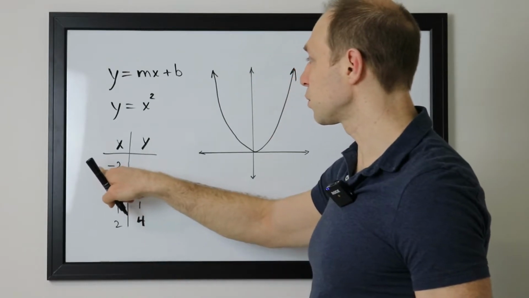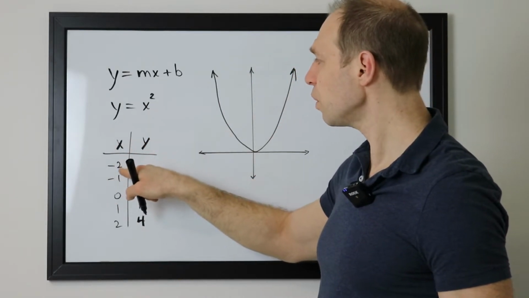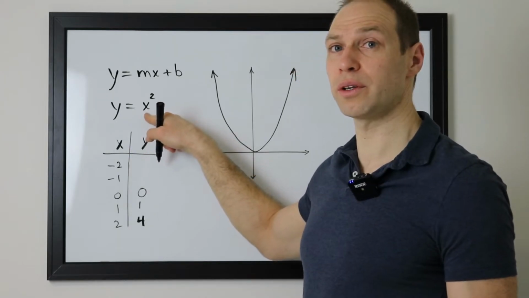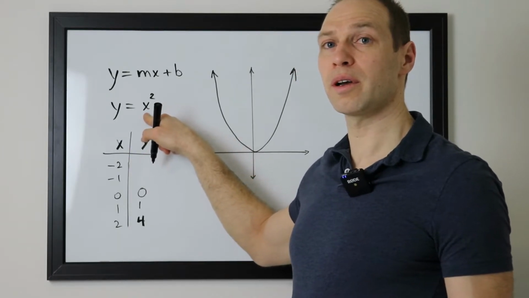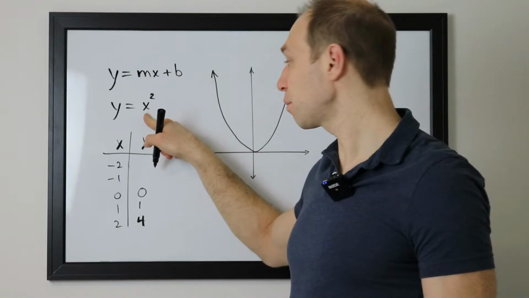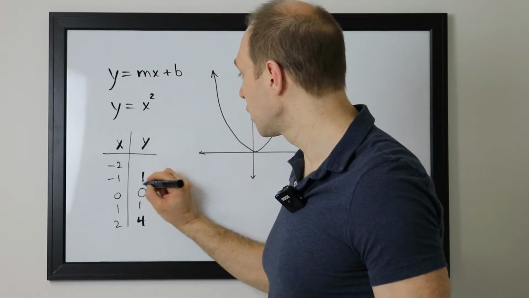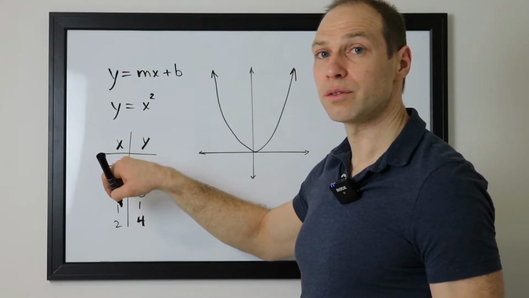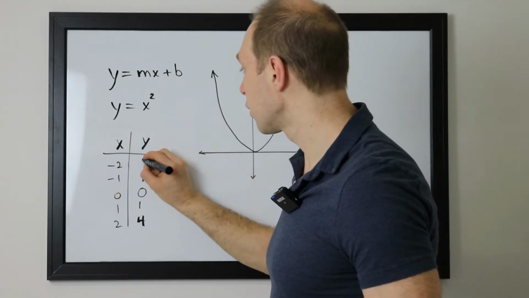And the question is, what happens when we have negative numbers? When x is negative 1, negative 1 times negative 1, anytime you multiply a negative number by a negative number, we get a positive answer. And so our answer is 1. Negative 2 times negative 2 gives us 4.